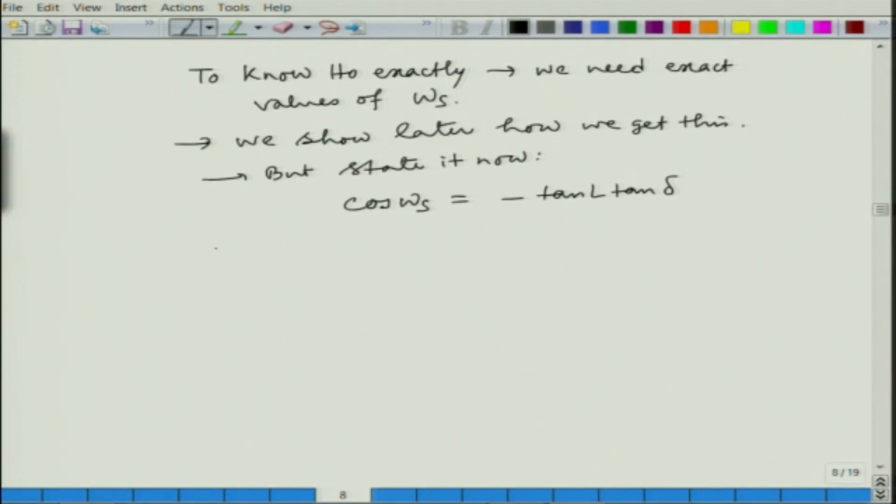Now, just to give you an idea, what this omega s is, because otherwise you won't feel comfortable. So, we can say that if sun rises at 6 am and we are talking about solar time. Okay.